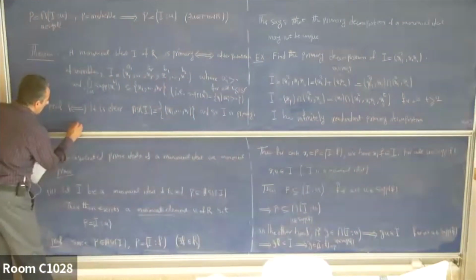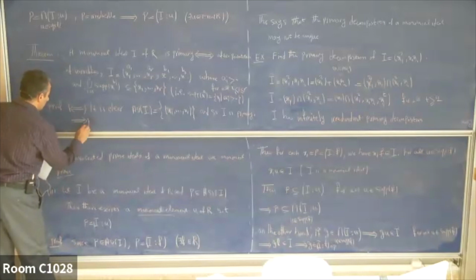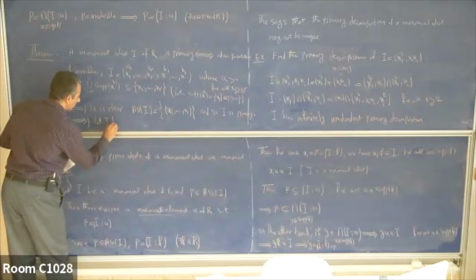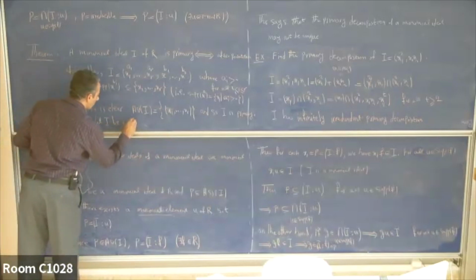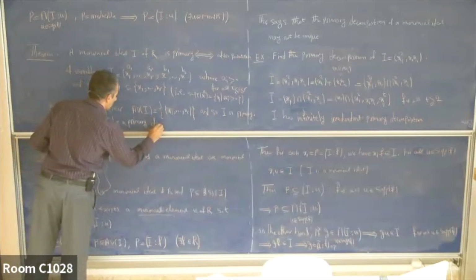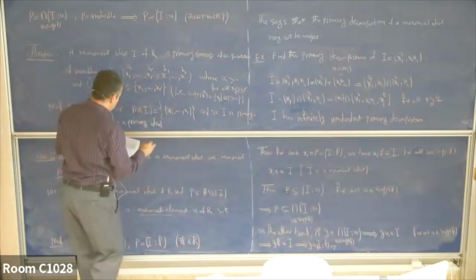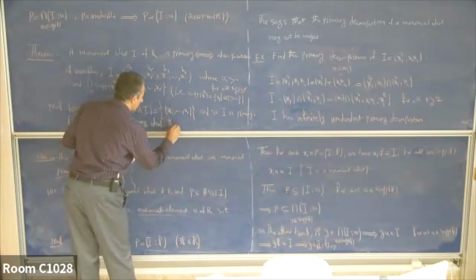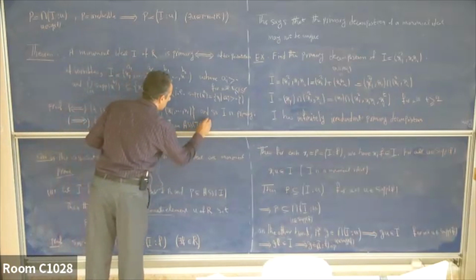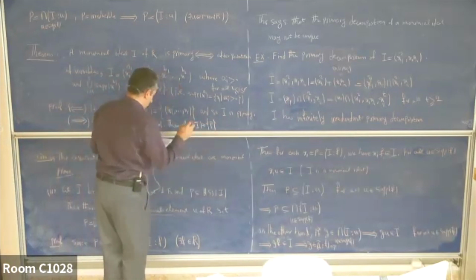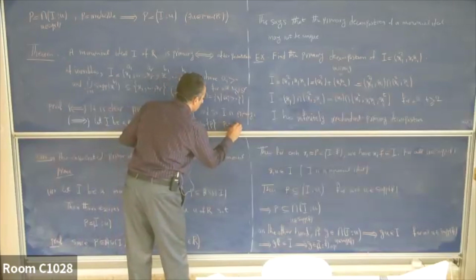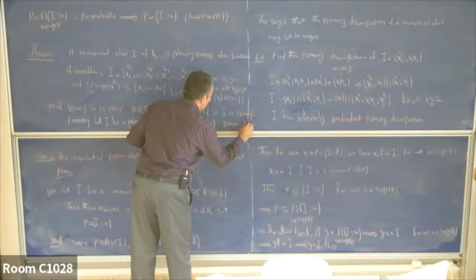So for the converse, let I be a primary ideal. Then by definition, the radical of I is equal to P, where P is a prime ideal, a monomial prime ideal.